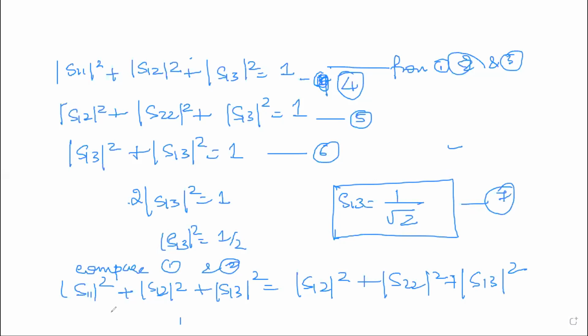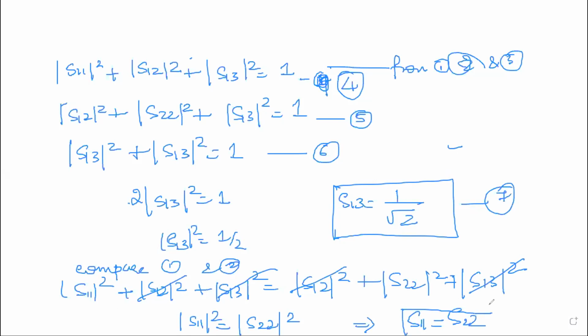Any terms that can be cancelled? S13 square and S12 square, because both sides are equal. So from this you will get the relation magnitude of S11 square is equal to magnitude of S22 square, which means S11 is equal to S22. So if you find one value, that will also be the S22 value. This equation you can make as 8.